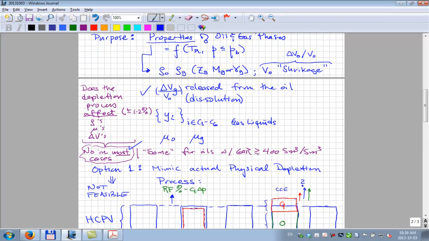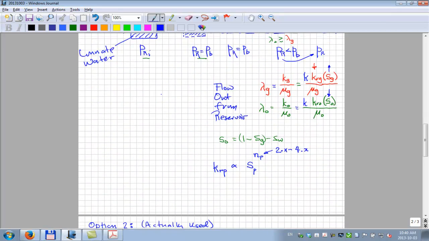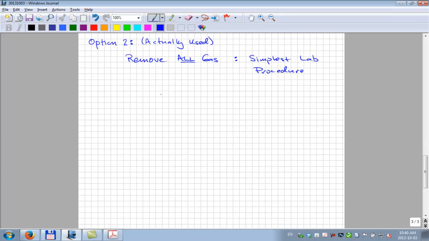If you take out all of the gas, then you can answer these questions. You know how much gas you took out. You know exactly what the oil volume changed. So with the simplest experimental equipment, you can get exactly the oil volume change, the gas volume change, the gas composition analysis, and the densities of the gas and the oil, because you know the volume and you know its mass. In a very simple way, you can get all of those properties.